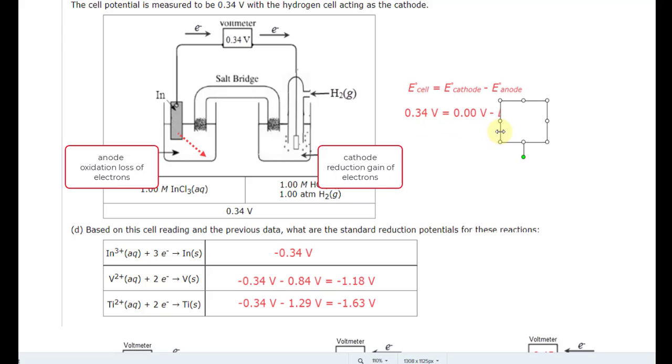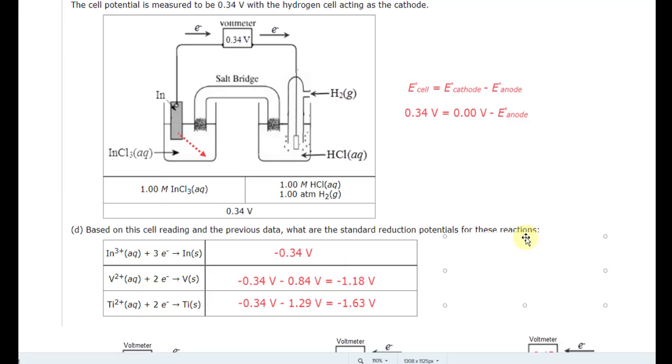So we've got this half of the equation. The voltage of the cell is 0.34 volts. The voltage of the cathode, cats reduce, they gain the electrons. Cathodes always gain electrons, is 0. Anode, well, there we can use our algebra. And if you solve this, you'll get 0.34 volts equals negative E. Hence, E at the anode is negative 0.34 volts.